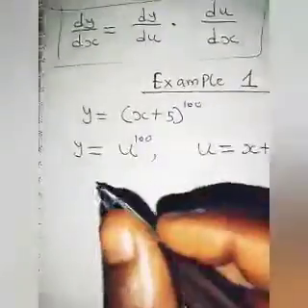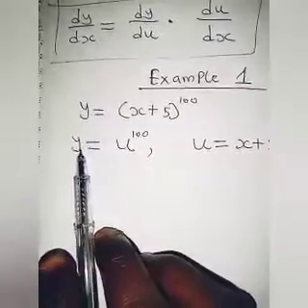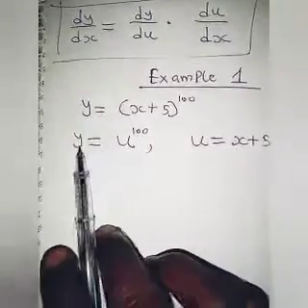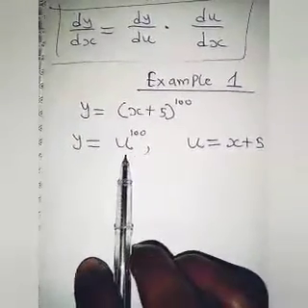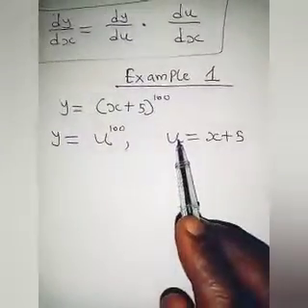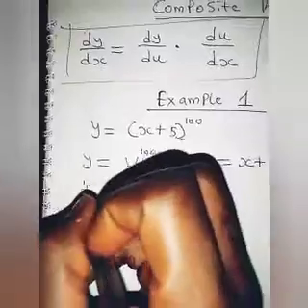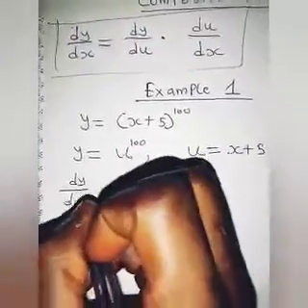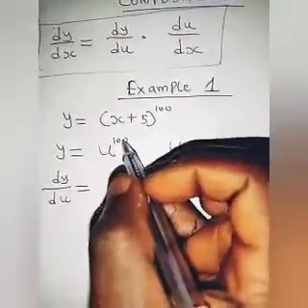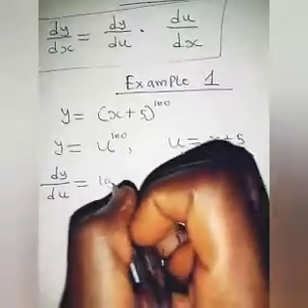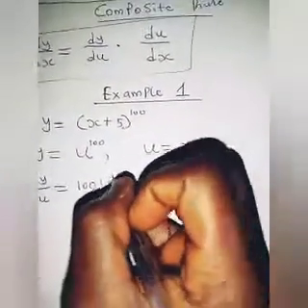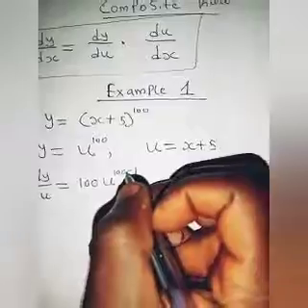So from here, what we are going to do is that we are going to differentiate this y with respect to u, then we differentiate this u with respect to x. So when we differentiate y with respect to u, using power rule, 100 will multiply u, then we subtract 1 from the power.